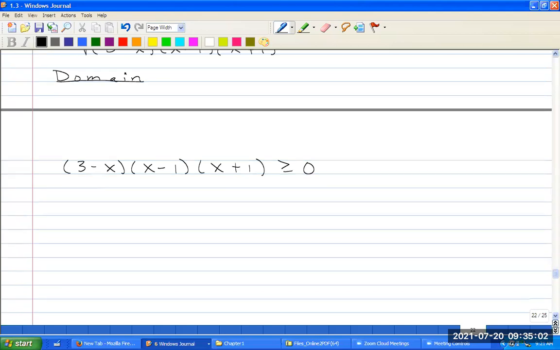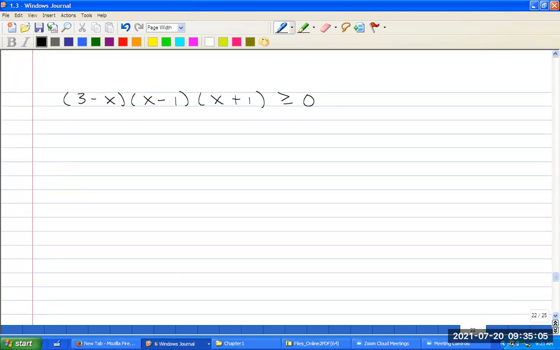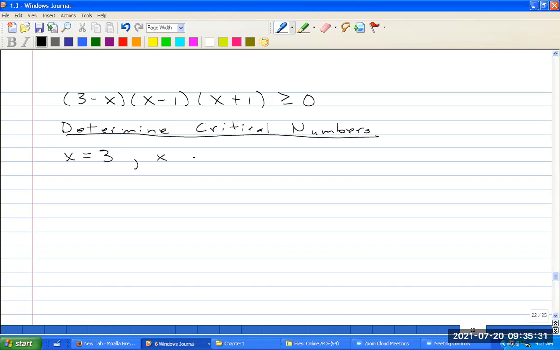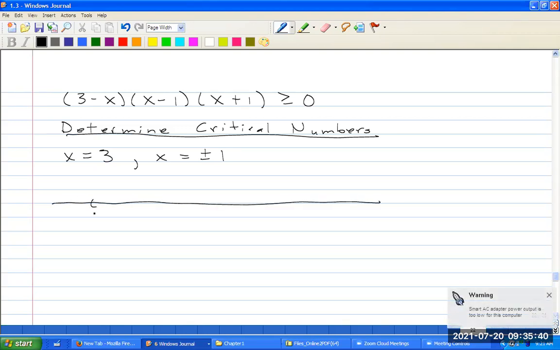Let me determine my critical numbers. So then my critical numbers are 3 and plus or minus 1. Let me draw a number line and place the critical numbers on my number line.